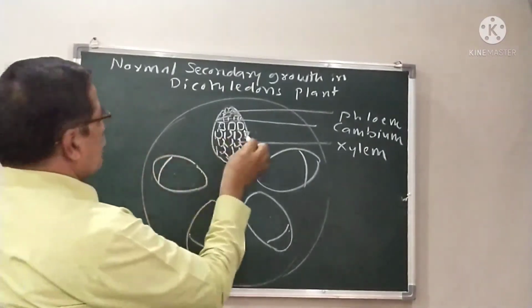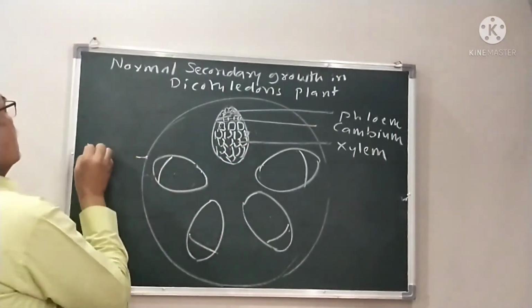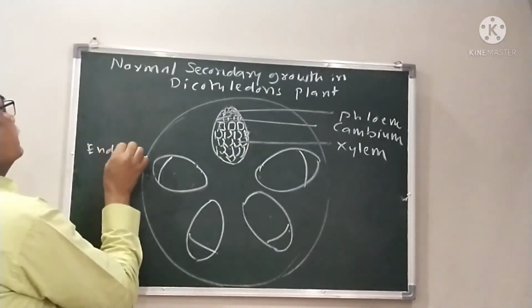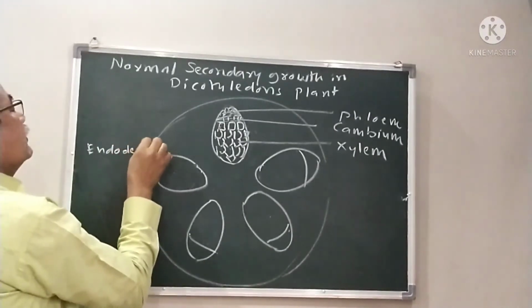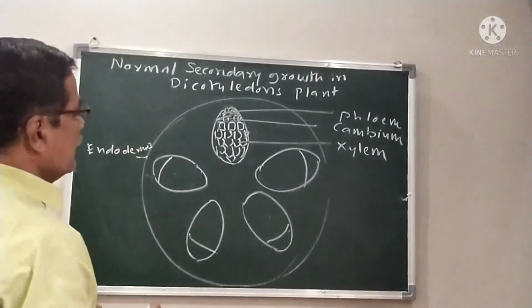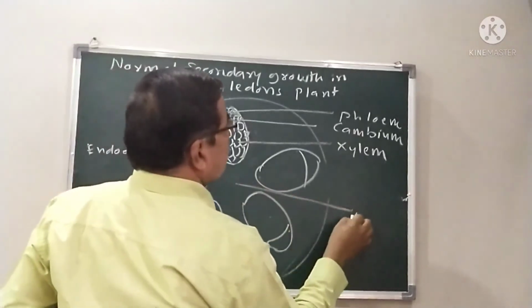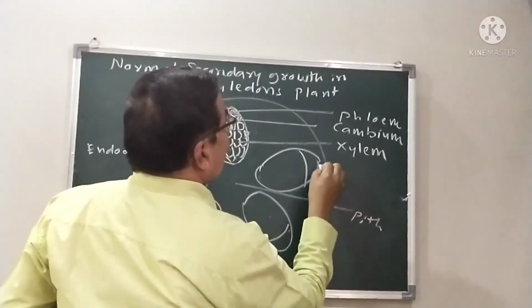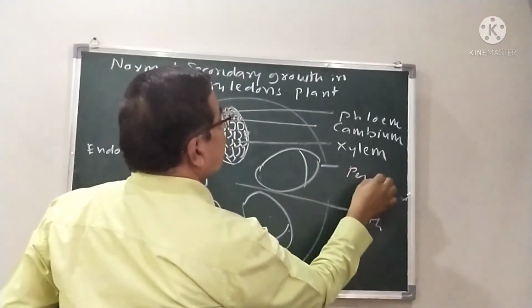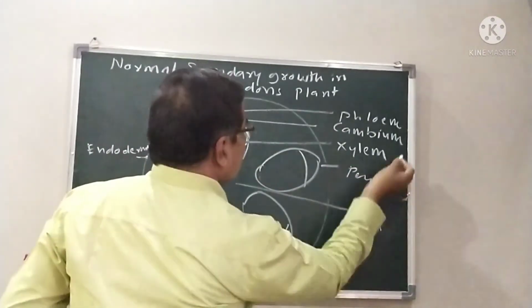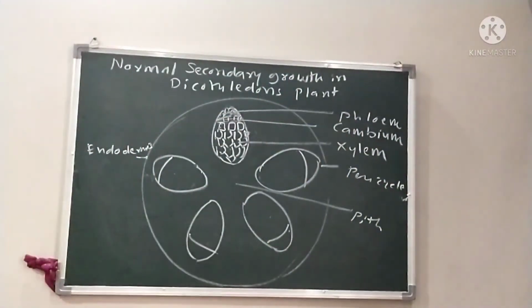Here, this line is the endodermis. Centrally placed is the pith, and the outer region is the pericycle. This is the primary structure we have seen.